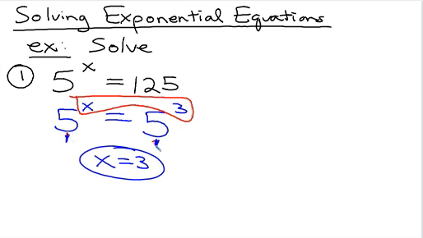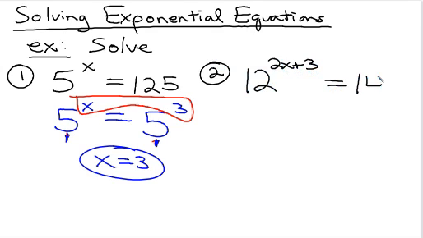Now sometimes after we drop the bases, we'll have to do a little bit of algebra, but nothing hard. Let's do one of those. Let's say that we had 12 to the 2x plus 3 power equals 144.